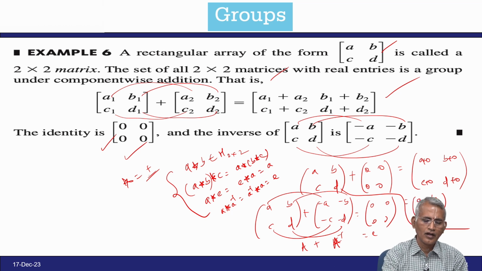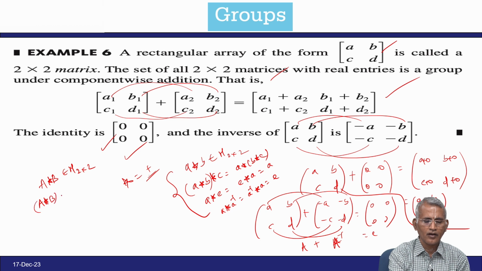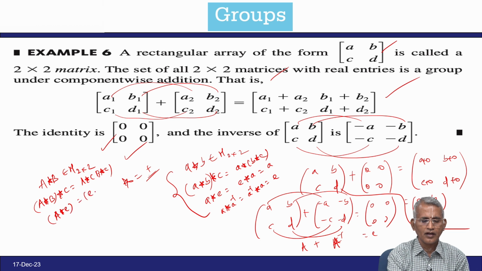Or replace this small a with capital A, so that A star B belongs to M 2 cross 2, A star (B star C) equals (A star B) star C, and then A star E equals E star A equals A, and then A star A inverse equals A inverse star A, which is equal to E. Here star denotes the plus operation.